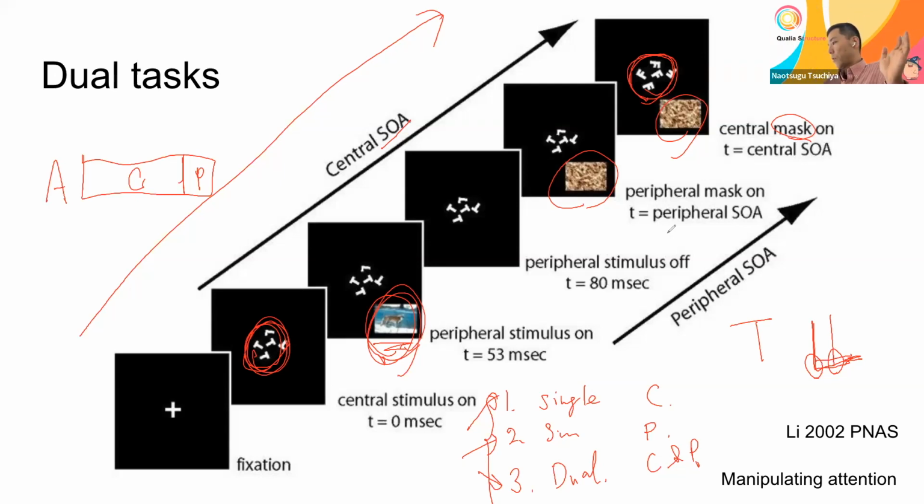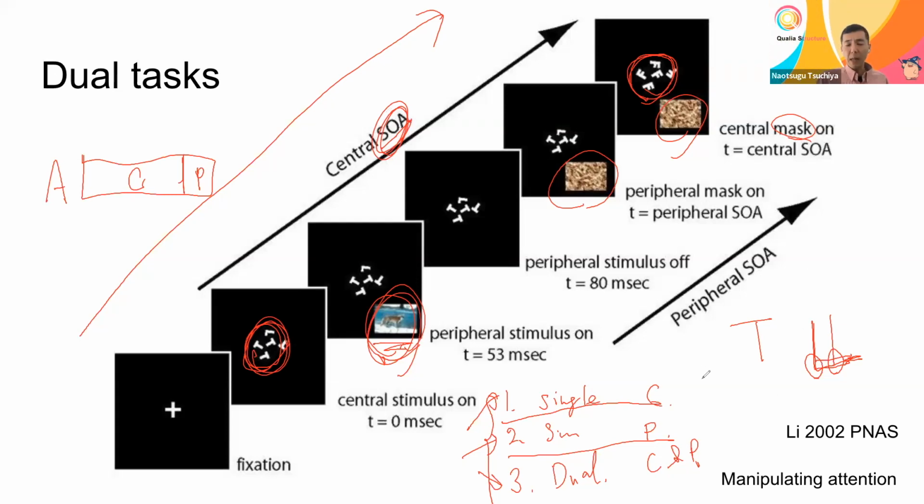So far, is there any question? Okay. Another key is to equate the performance of the single task difficulty. Here comes this SOA manipulation. By changing the duration or timing between the stimulus and the mask, you can always change the difficulty of the task.